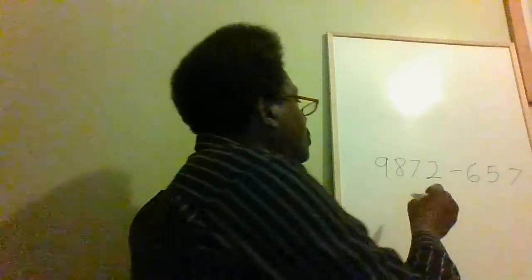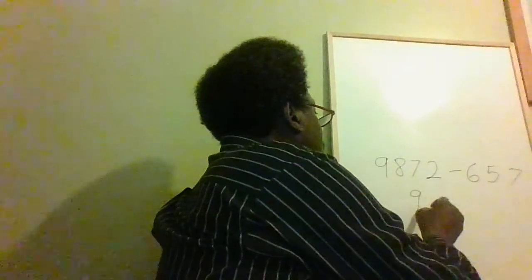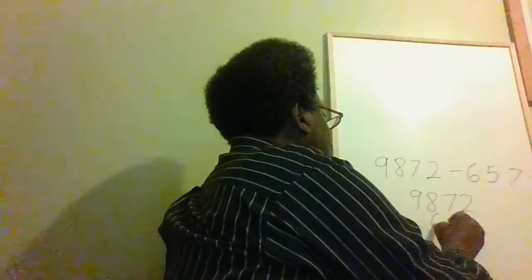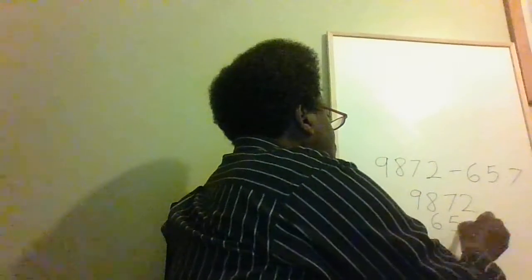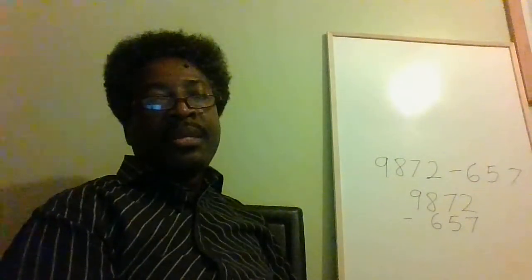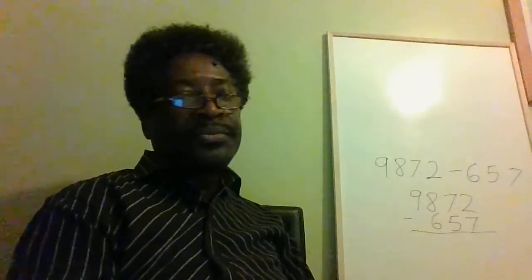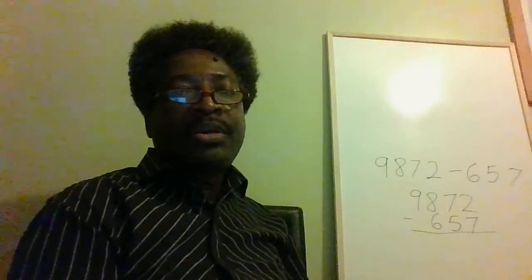Put the bigger number on top, 9,872. Put the 657 below. You put the take away sign, and then you draw a line under there. So we are now ready to do our takeaway.